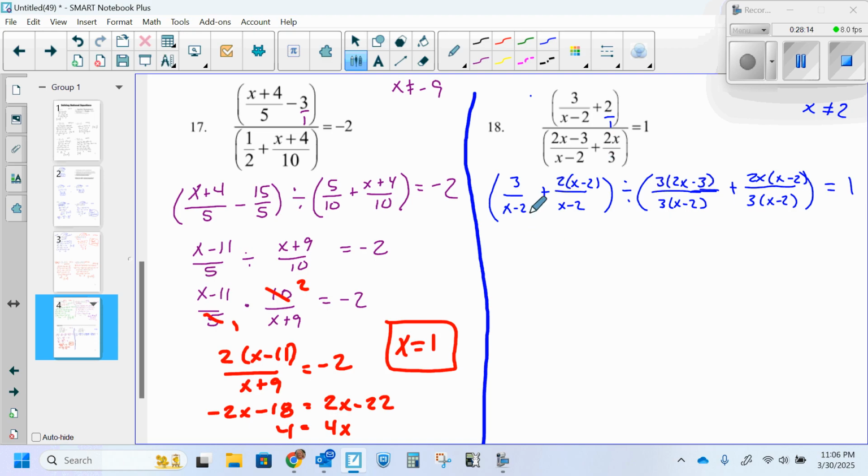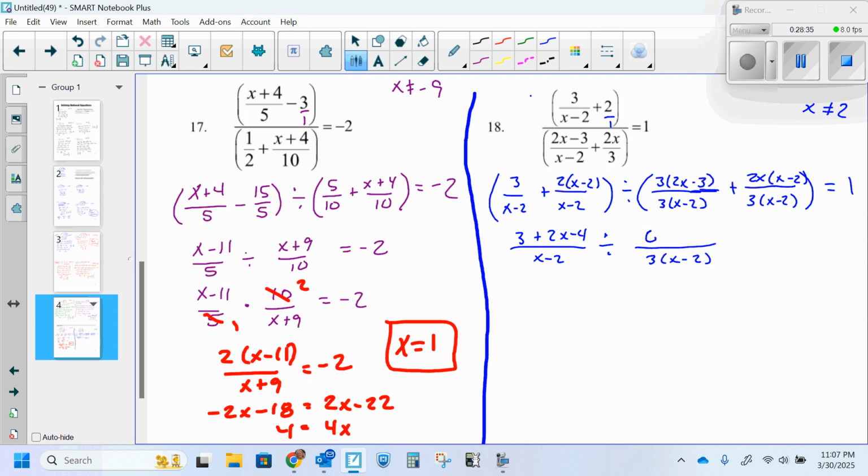All right, I'll work on that domain in a second. Let's get some things together here. So that's going to be 3 plus 2x minus 4. Got a lot of FOILing and whatnot to do here.